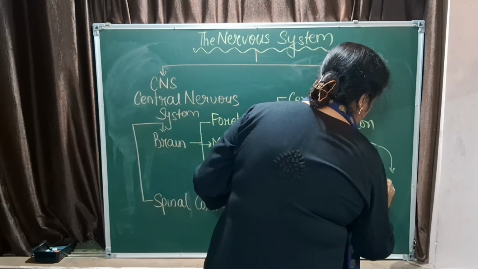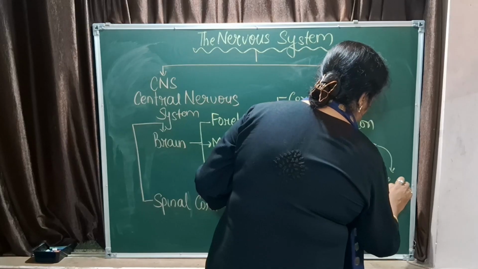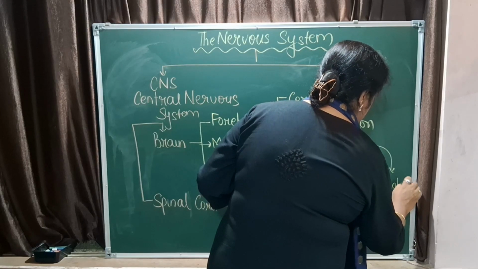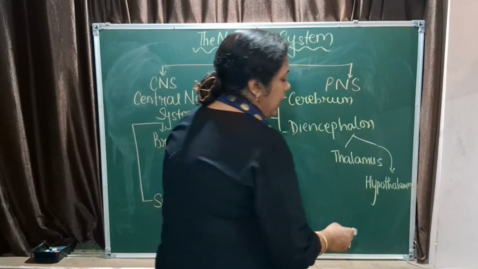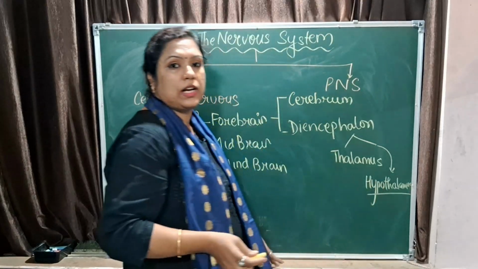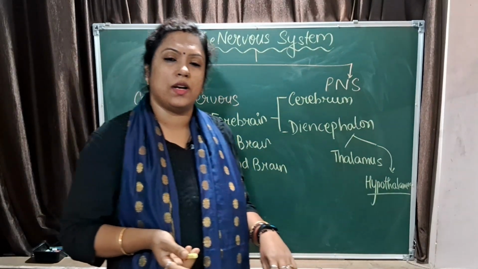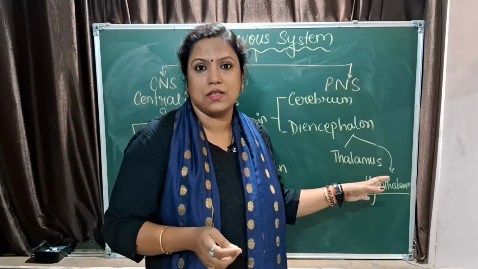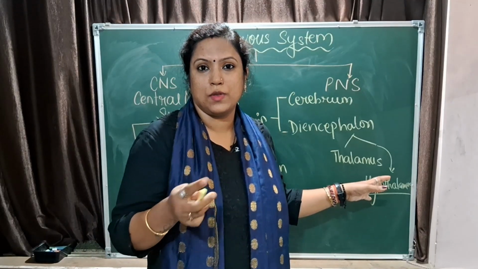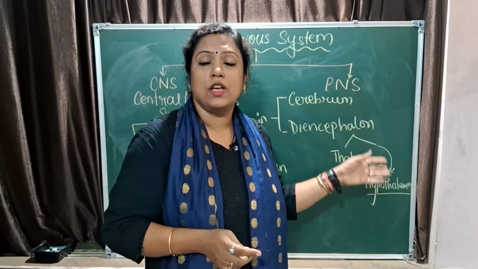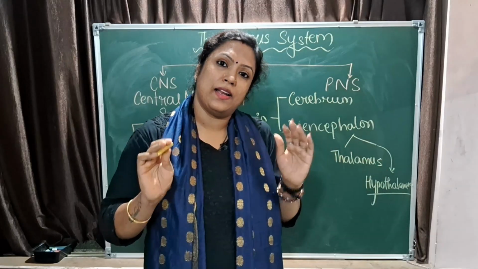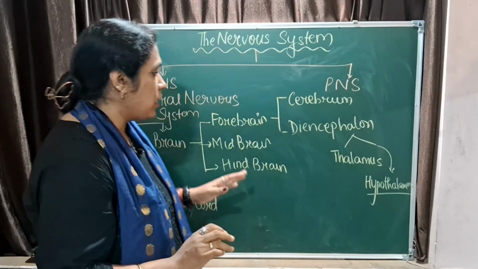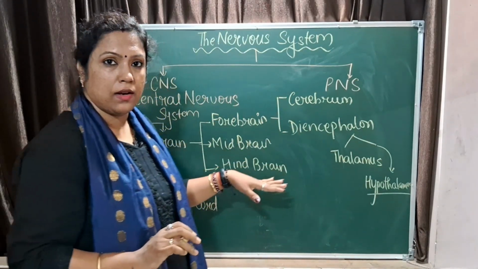From the name, hypo is below. So, below the thalamus there is the hypothalamus. The hypothalamus is the thermostat of your body, that is the temperature regulator. Also, it is the boss of the endocrine system. Boss of the boss, that is, the pituitary's boss is also the hypothalamus. So, it controls your entire endocrine system, right. So, this is your forebrain.